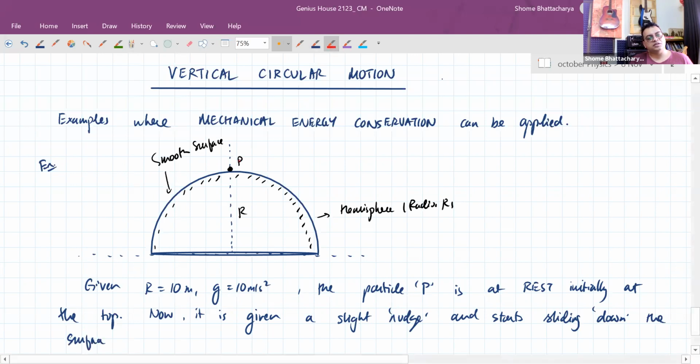So if you give it a slight nudge like this, it will start sliding down the surface like this.